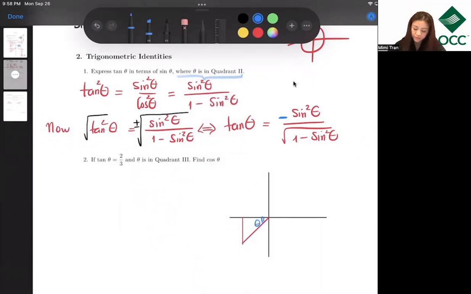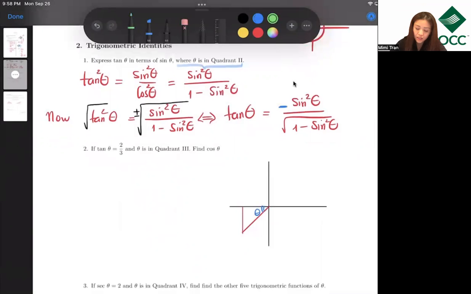That's theta. Given tangent theta is 2/3, tangent is positive, which makes sense, because in quadrant 3, x and y are both negative. You have negative on the top and negative on the bottom, so they cancel out and tangent is positive.